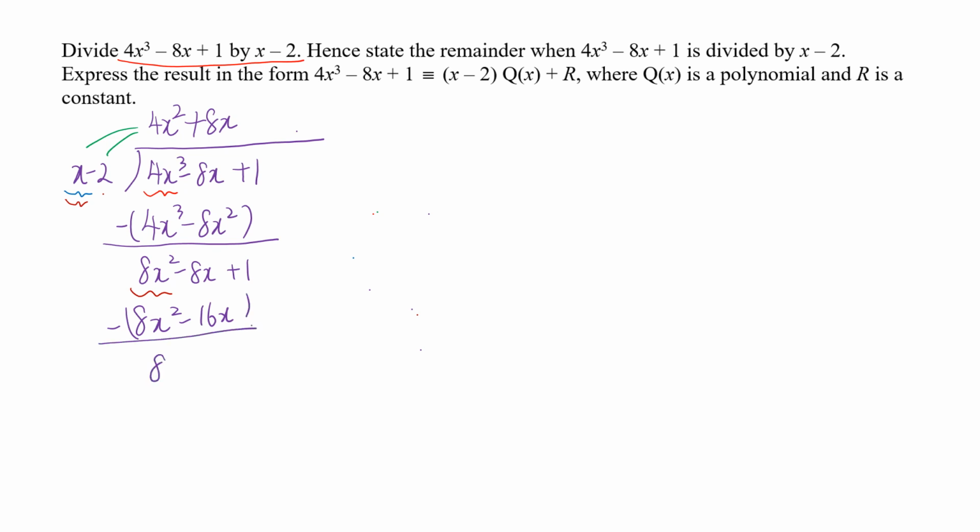And you will have 8x plus 1. So repeat the process. 8x divided by x will be positive 8. 8x minus 16. 1 minus minus 16 will give you 17. So your remainder is 17.